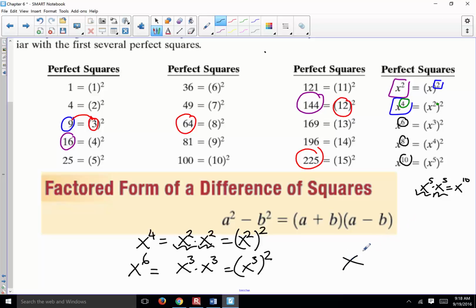Is x to the 36th a perfect square? Is it? Yes, because it is the square of what? 6? Is this true? No, you multiply this, multiply and it becomes 36. 6 times 2 is 12.